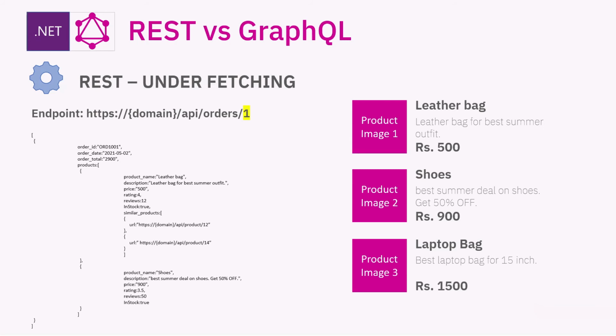Now I also need to get the similar product information. So what happens in the REST API is it will have to again call product 12, product 14. So these are extra requests we are making, which is not a correct idea. To overcome this problem we have a solution in GraphQL.